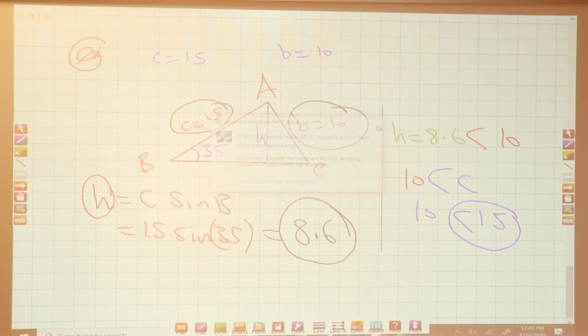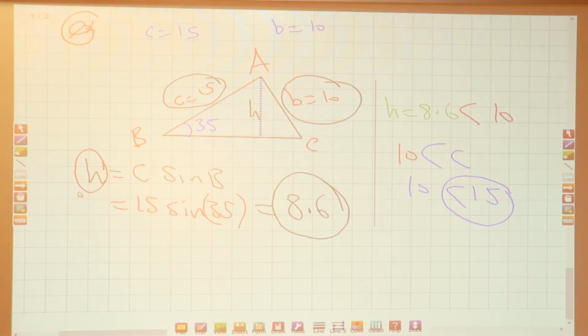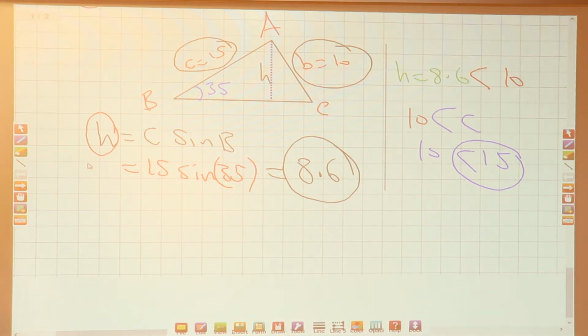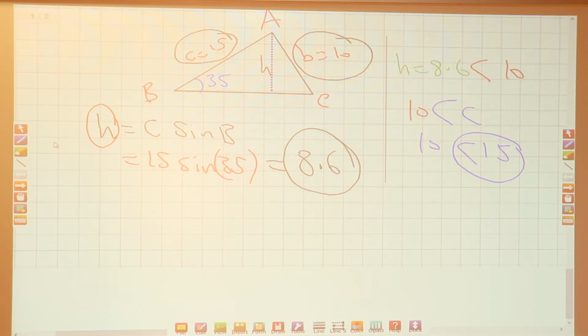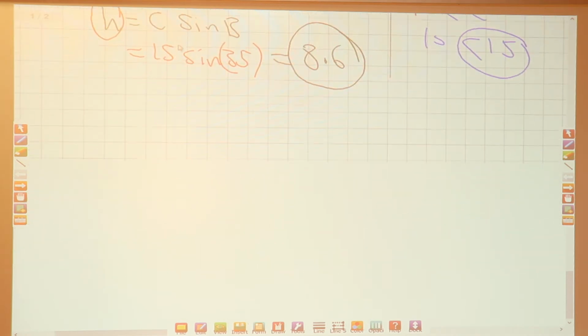How do we find these two triangles? Now we're going to apply the law of sine.